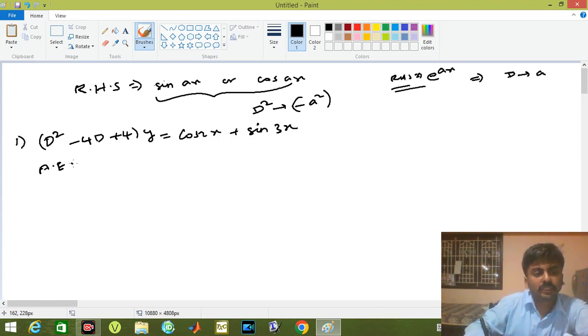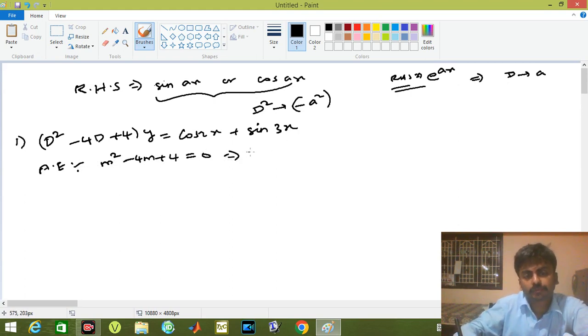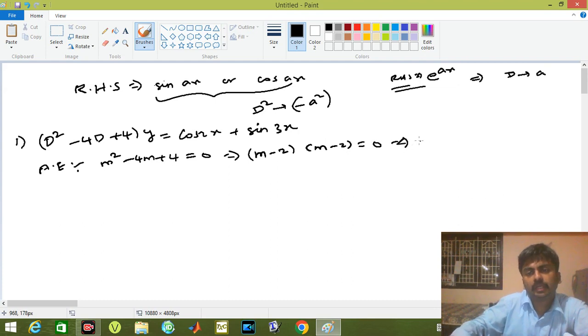So I am going to write first. Auxiliary equation is given by m square minus 4m plus 4 equal to 0. It implies m minus 2 into m minus 2 equal to 0. It implies m equal to 2, repeating twice.